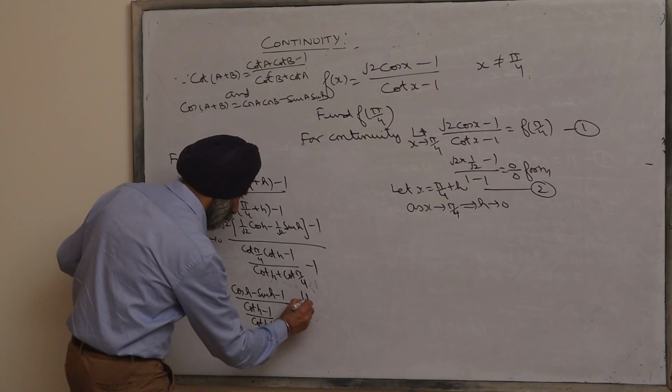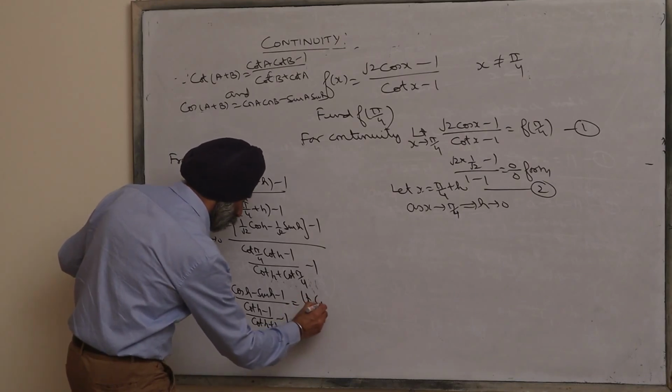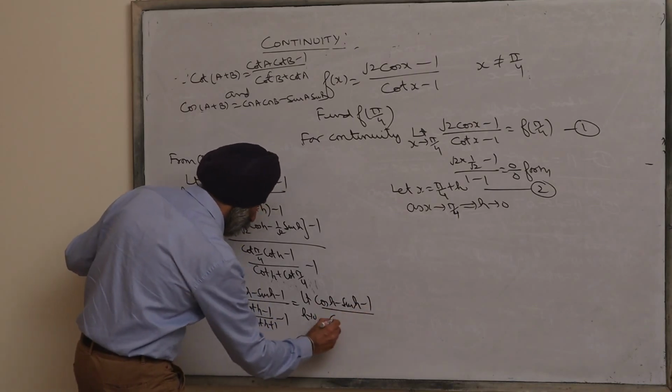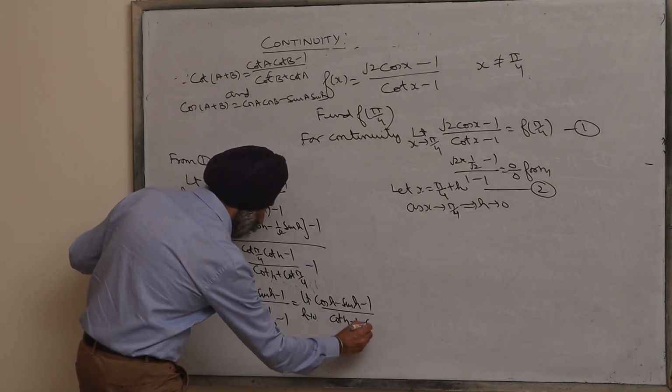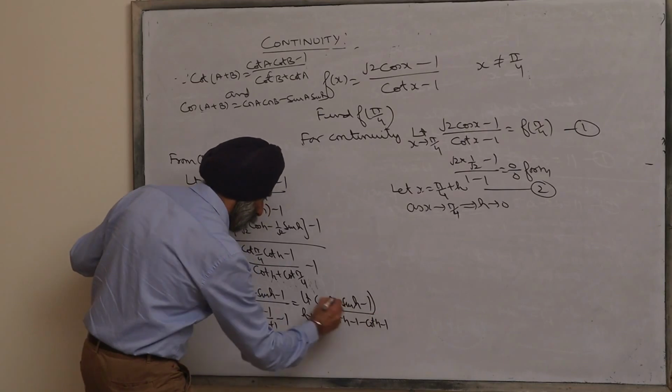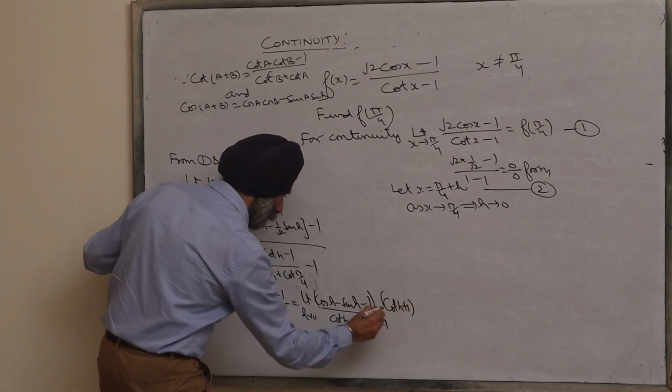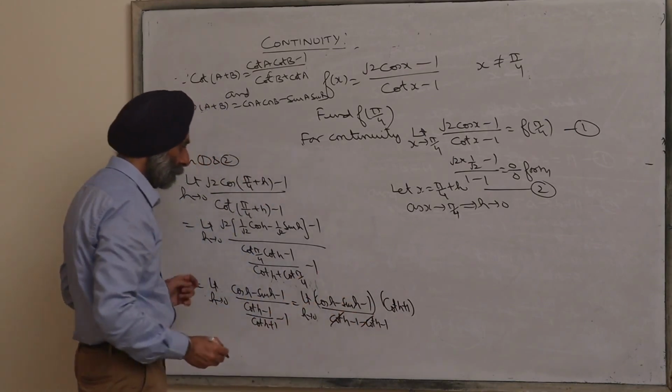So this can be written as limit h approaches 0, cos h minus sin h minus 1 upon cot h minus 1, multiplied by cot h plus 1. So this will cancel.